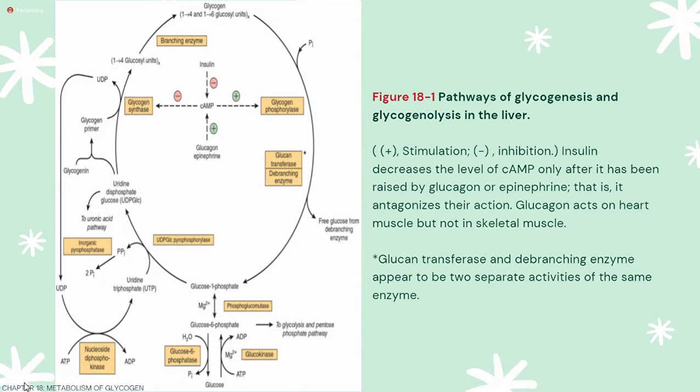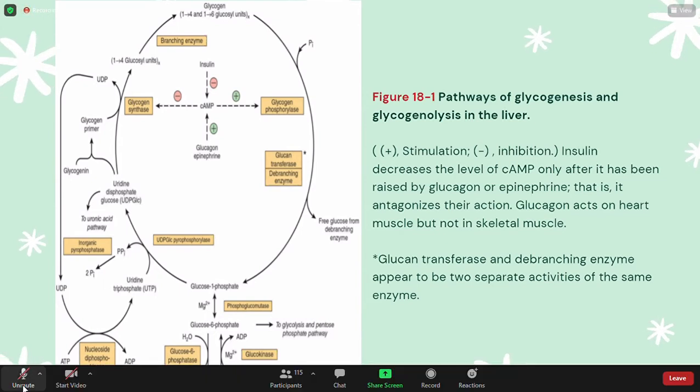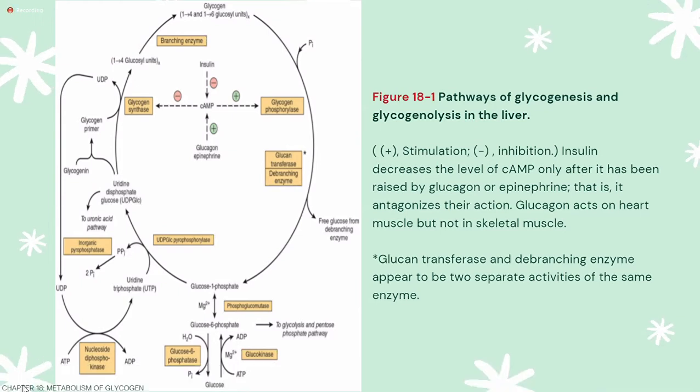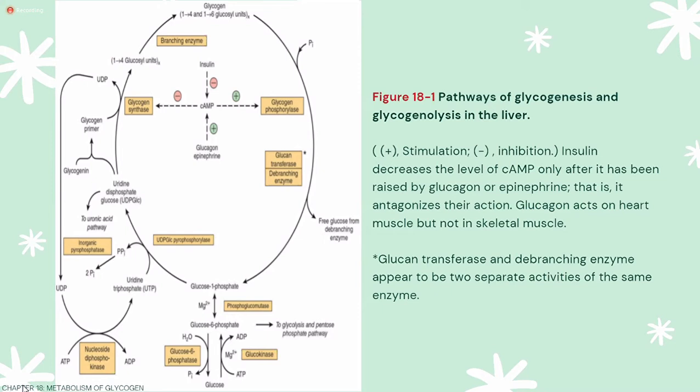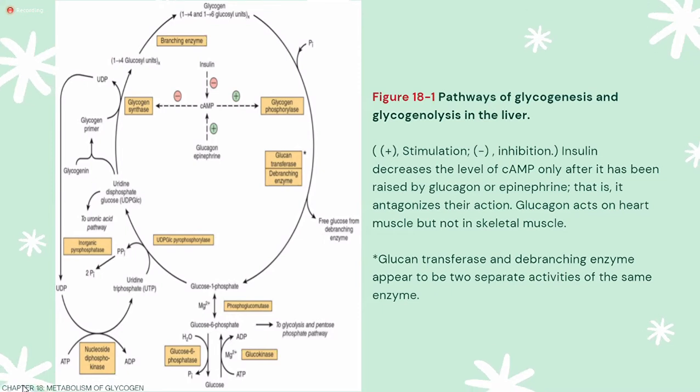And what happens when you are not eating? No glucose coming from absorption of glucose from the intestinal tract because there's nothing in it. So what happens to the blood glucose?